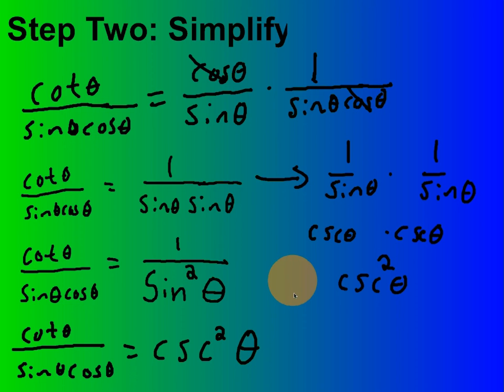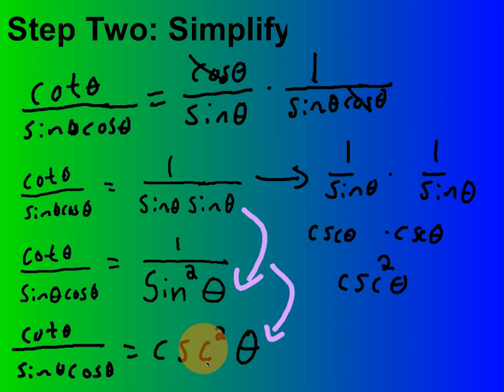Well, what is sine of theta times sine of theta? That's just sine squared. So the next step is to change that sine of theta times sine of theta to sine squared. And the final step, remember that 1 over sine is just equal to cosecant. So 1 over sine squared is just equal to cosecant squared.